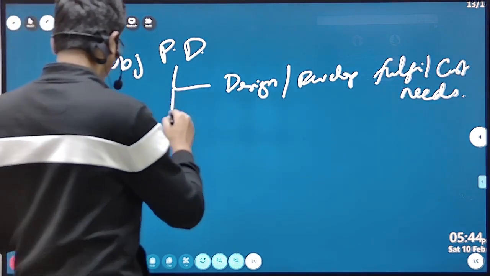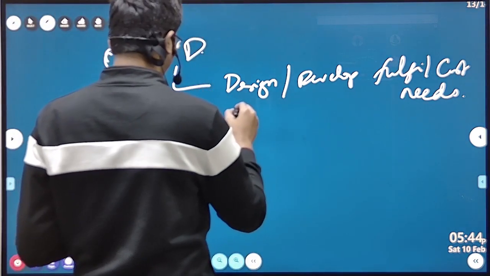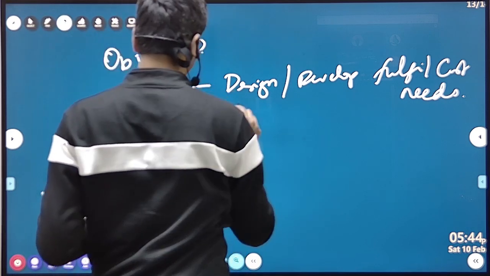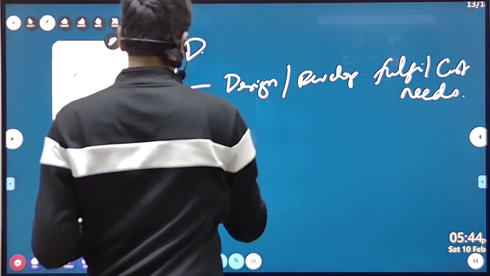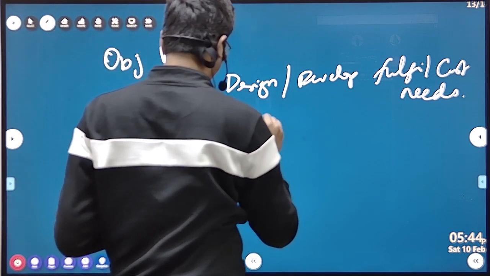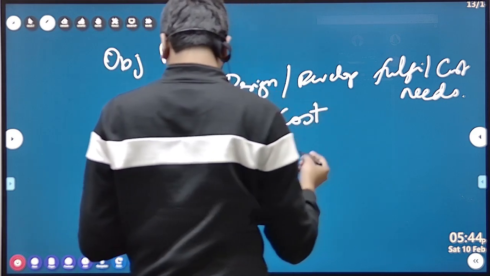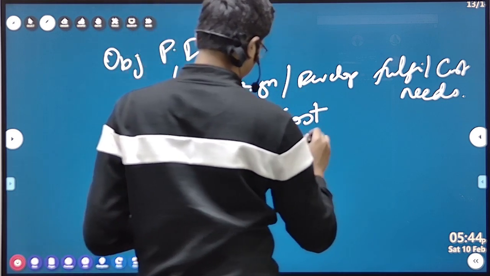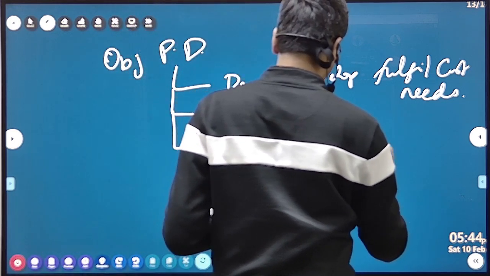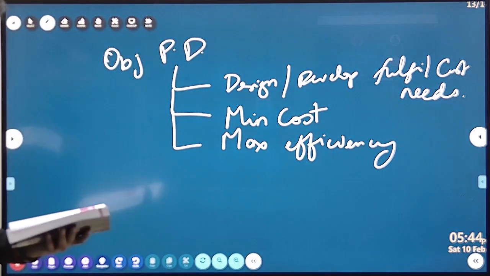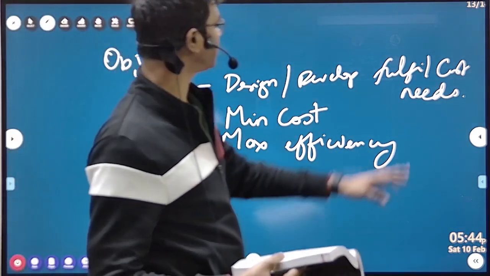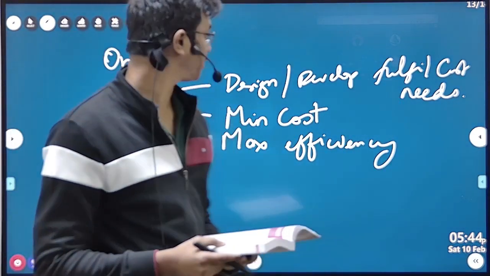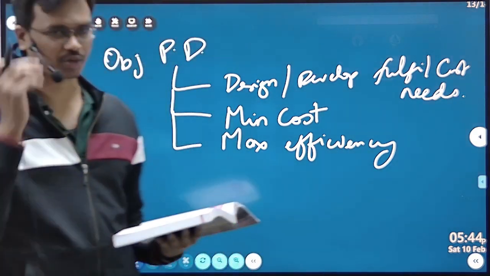And it has to minimize the cost and maximize efficiency. So these are the objectives of product design. Simple, right? It should fulfill your customer needs, and it should be able to do that with minimum cost and maximum efficiency. So that should be our objective while designing any product.